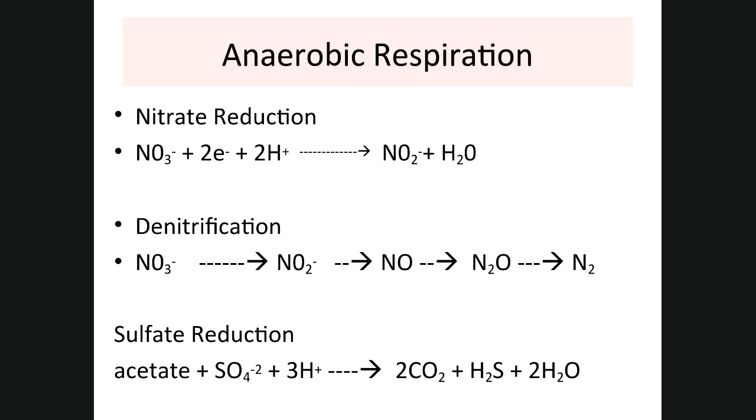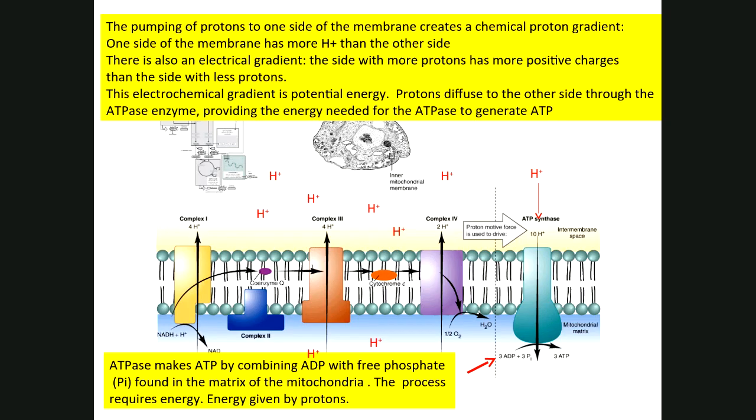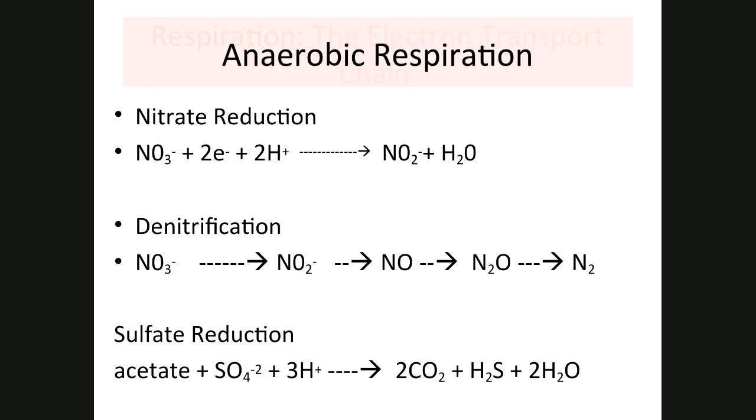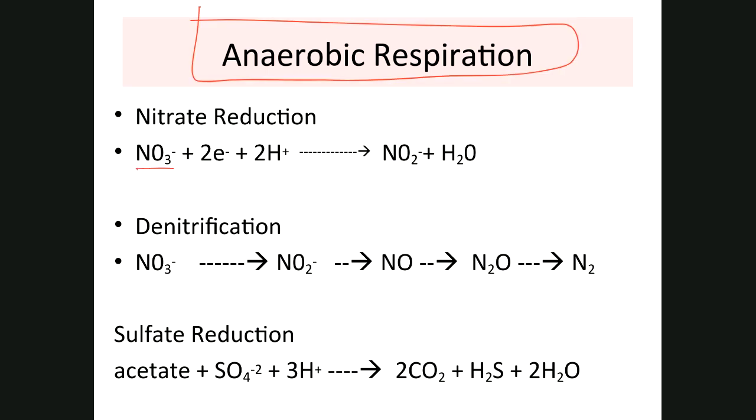So over here, instead of having an oxygen molecule, there may be a nitrate molecule that gets the electron and turns into nitrite, for example. So that would be the final electron acceptor. Examples of other final electron acceptors used by anaerobic electron transport chains are nitrate, and sulfates as well. Okay. So this is what strict anaerobes may do.